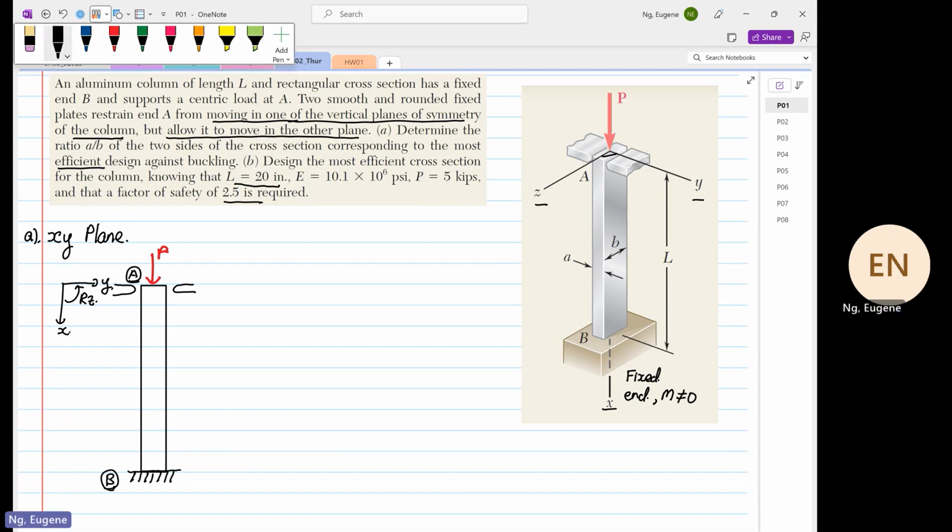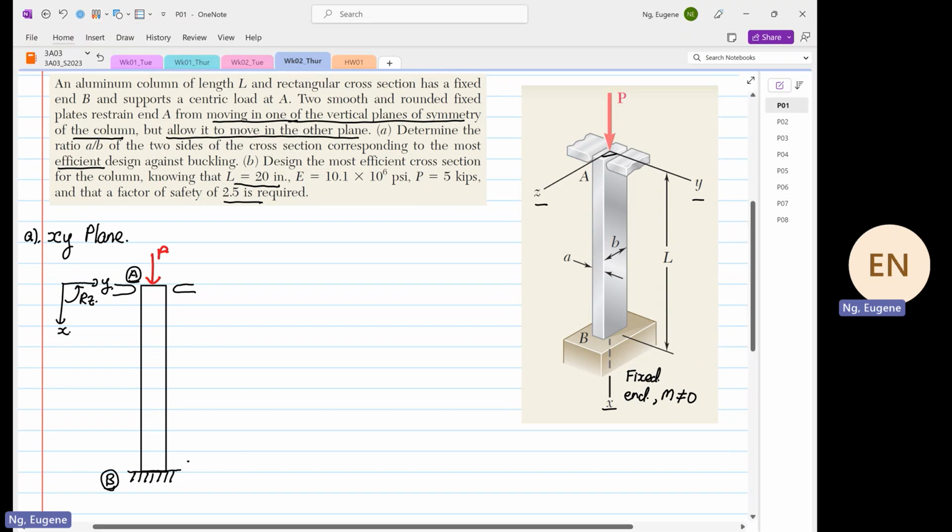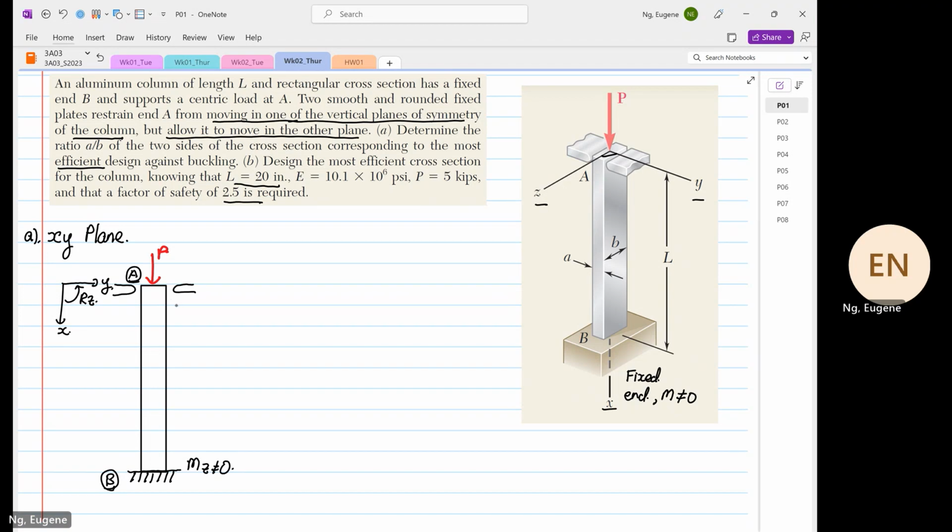So how will this buckle? We know at point B it is fixed, so we know that the moment about the z-axis is not equal to 0, whereas at the top it can rotate. So moment about z is equal to 0.